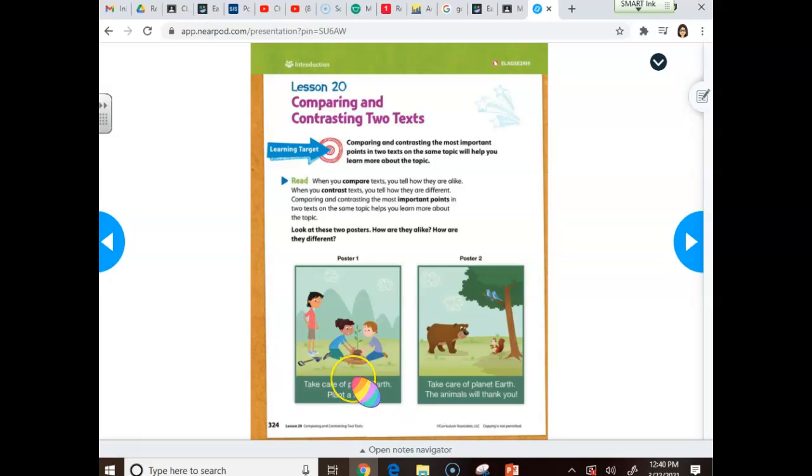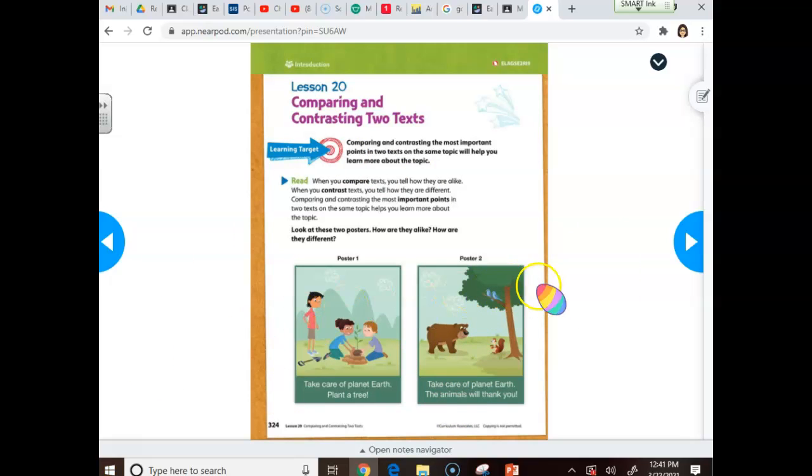All right, in poster 1, what's going on? They're planting a tree. All right, what should people do? Plant a tree. Poster 2, what do we see? Animals in the woods. All right, what should people do? Think about the animals.